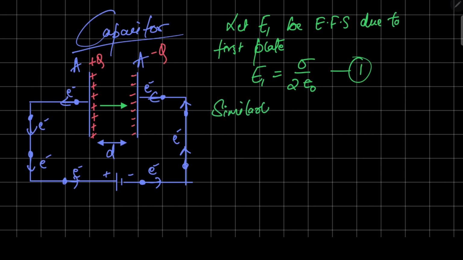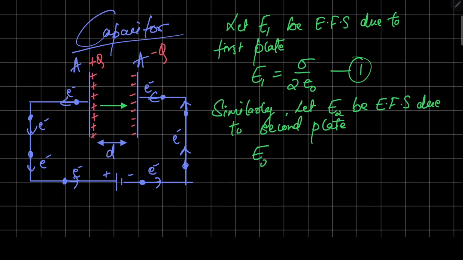Similarly, we define E2 as the electric field strength due to the second plate. Therefore, I can define E2 to be sigma by 2 epsilon naught again, because both are thin plane sheets. We also know that electric field strength is a vector quantity.